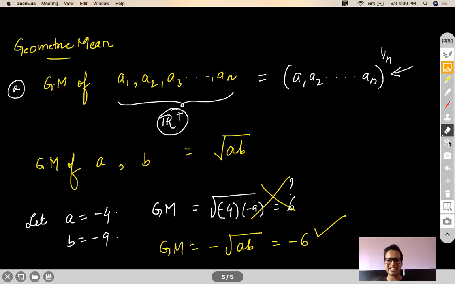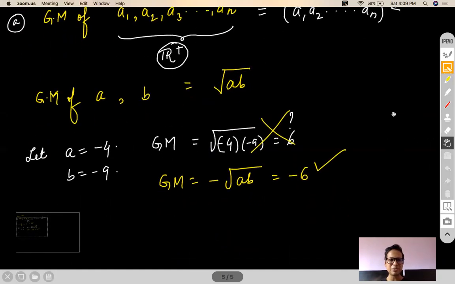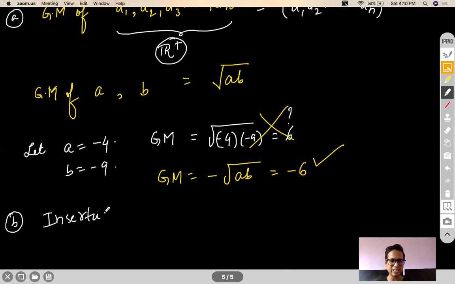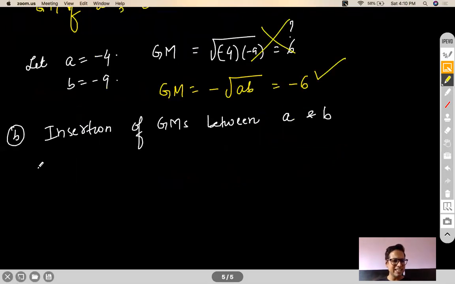Anyways, the next concept that we are going to talk about is insertion of geometric means between A and B. That is more important to us. Let us start with a very simple case.